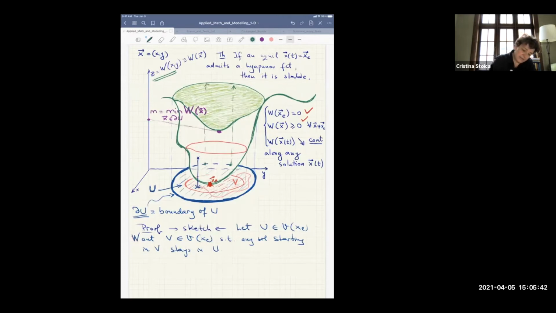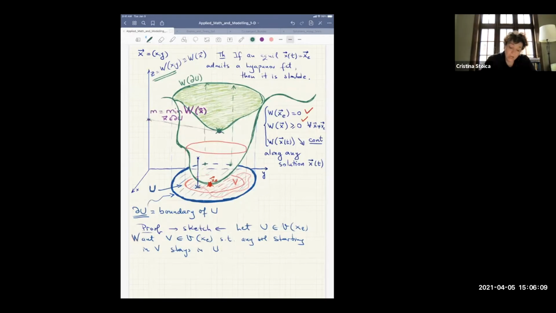This edge is the image of the boundary of U, if you want. And then I'm taking the minimum value that W takes on this edge, because it could go up and down. I'm taking the bottom one and I'm calling it M, okay?